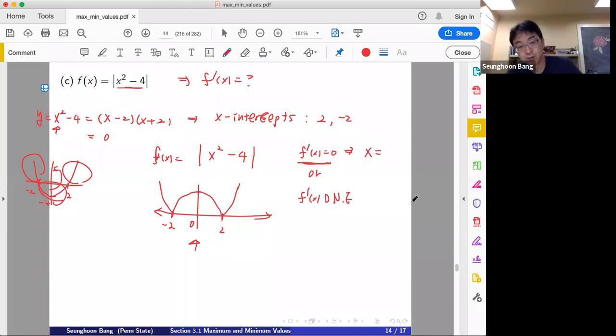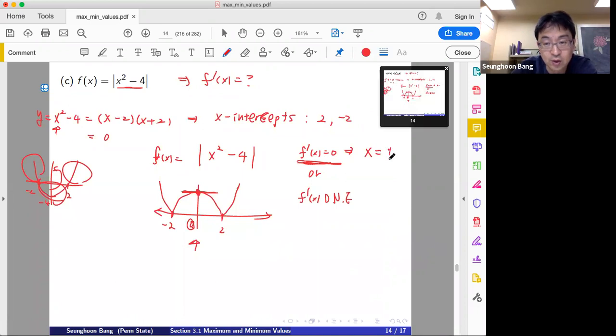Could you write your answer on the chatting board? The negative 2 and 2, we can talk about later. Here, f prime of x equals 0 only where we have a horizontal tangent line at 0. So x equals 0.